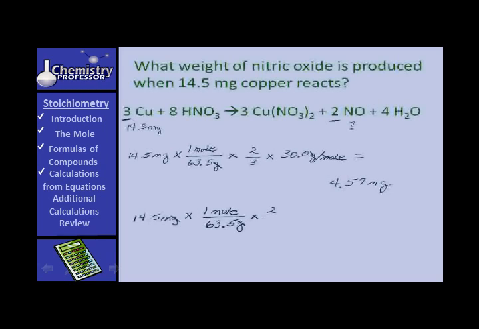Times a 2 to 3 mole ratio times 30.0 grams per mole. And moles here will cancel moles here, and I am going to be left with my units of milligram. And it's going to give me still 4.57 milligrams.